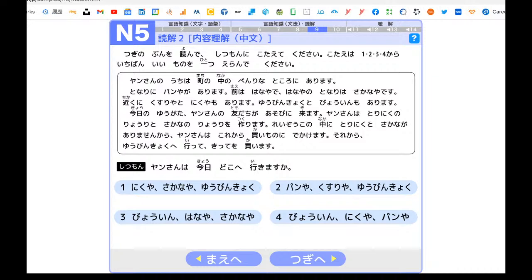And it doesn't mean anything. It doesn't do anything with this question that we need to answer, because we need to answer where Yan-san goes today, and we don't have to know where the places are. So just ignore, or maybe read through it, but you don't have to go back and read again. So let's go to the next one.